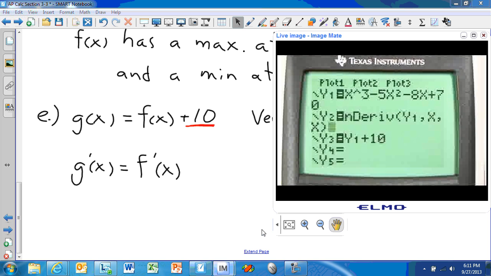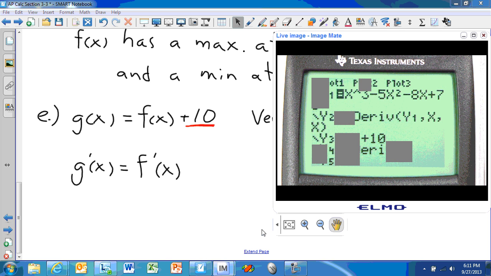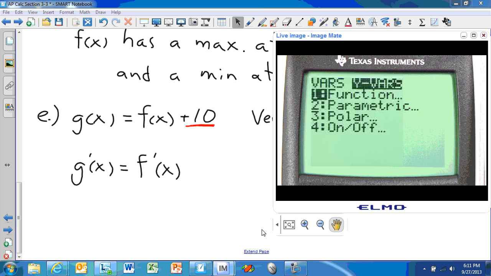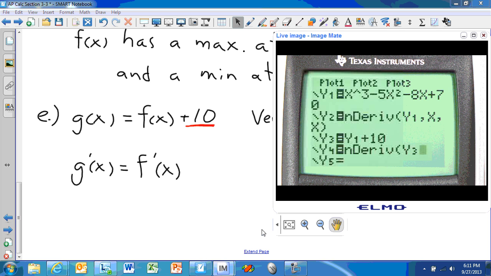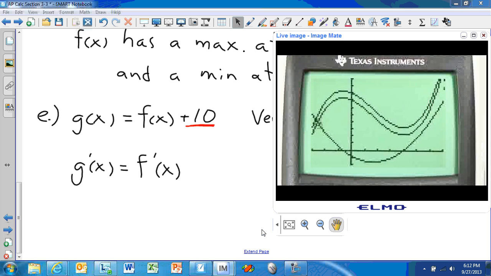Under your y equals menu, we'll add another nderiv command. And this time it's y3 that contains the function we want to find the numerical derivative of. My variable is x and my value is x. And in fact, since I'm pretty sure we're going to get the same graph right on top, let's change this style that it graphs with. So it draws a little circle there as it's sketching this function. And let's go ahead and graph that thing, and look at there. That's exactly what we thought was going to happen.